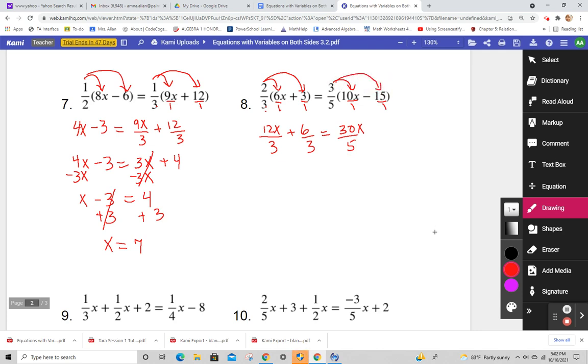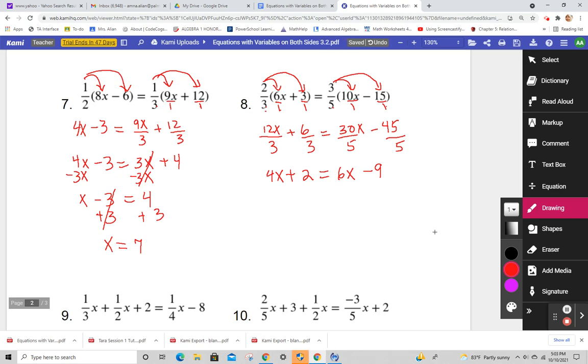And 3 times 15, it's going to be minus 45, and 5 times 1 is 5. We're going to simplify all these fractions. 12x divided by 3 is 4x, plus 6 divided by 3 is 2, 30 divided by 5 is 6x, and 45 divided by 5 is 9.